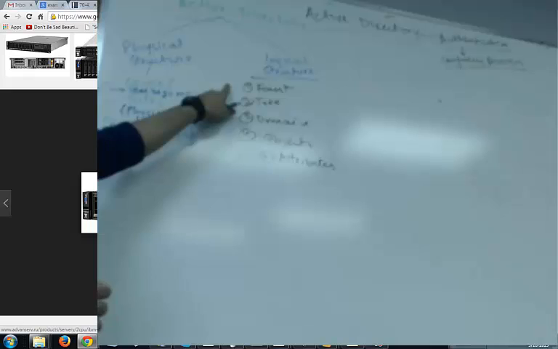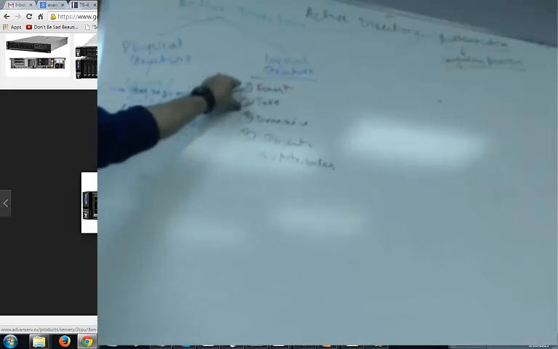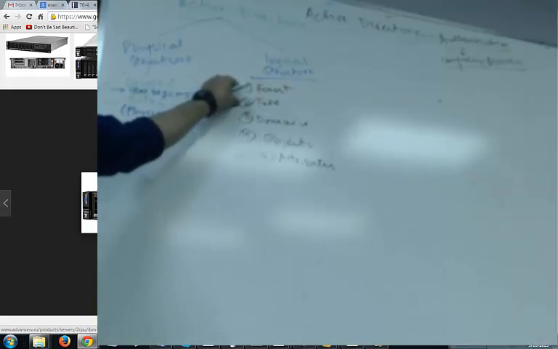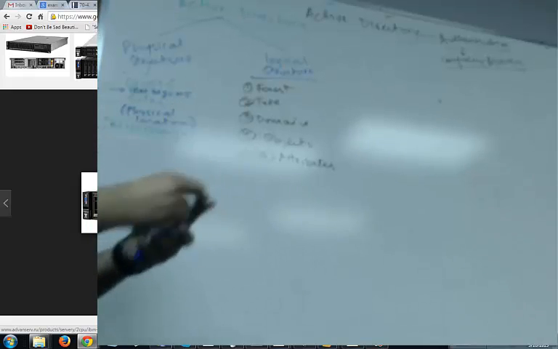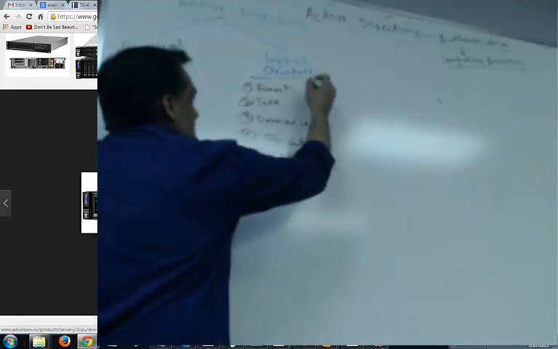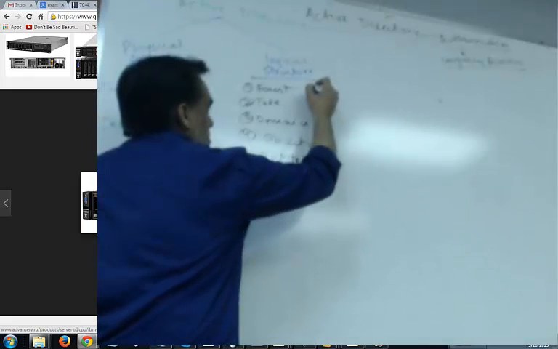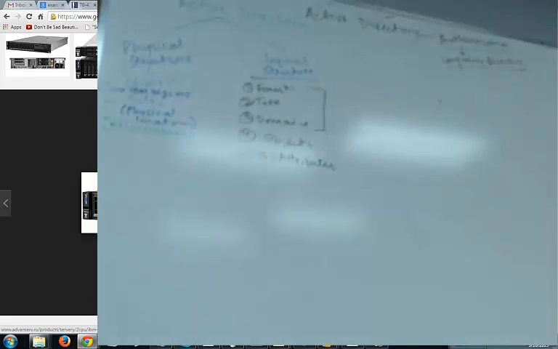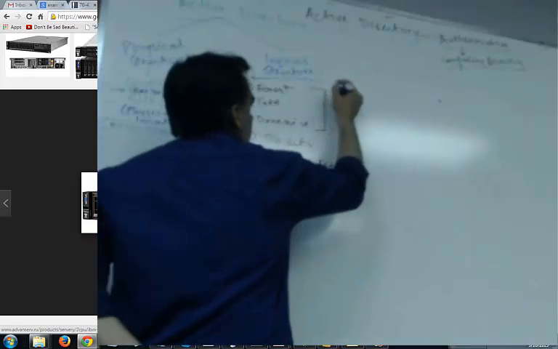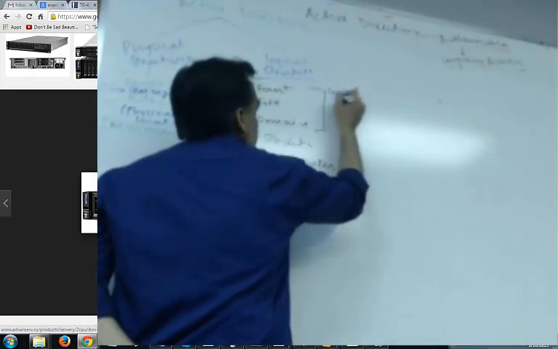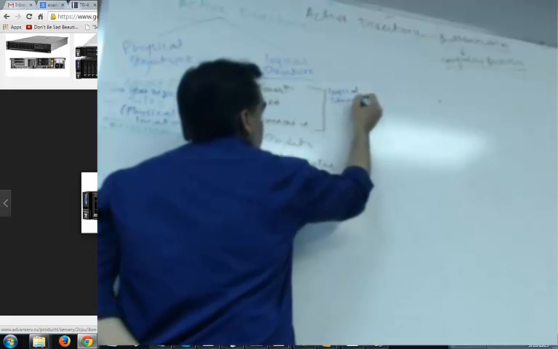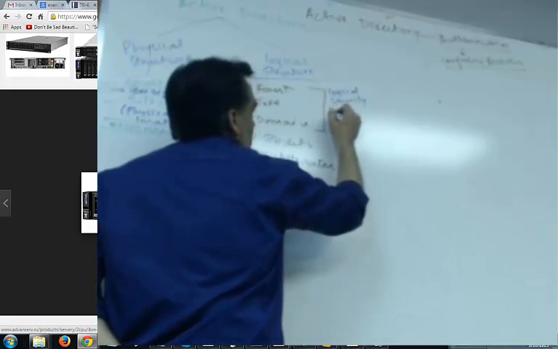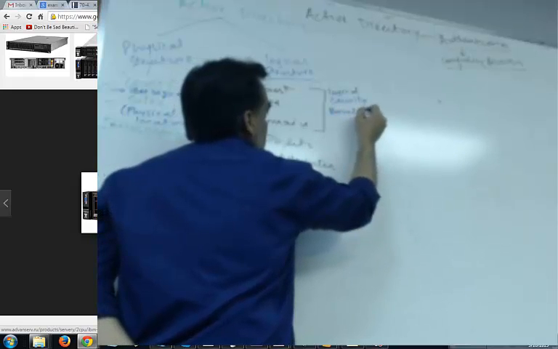Now, when it comes to forest, tree, domain, guys, this forest and tree is nothing like what we have in real life. These are logical containers. So what we need to remember is that actually all three are logical security containers. Let's call them logical security boundaries.